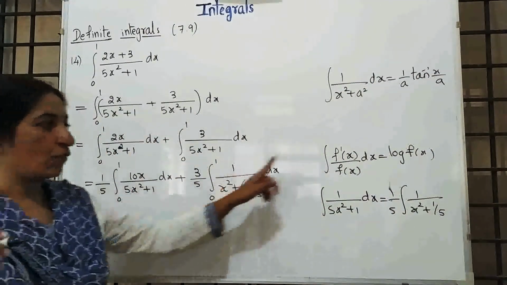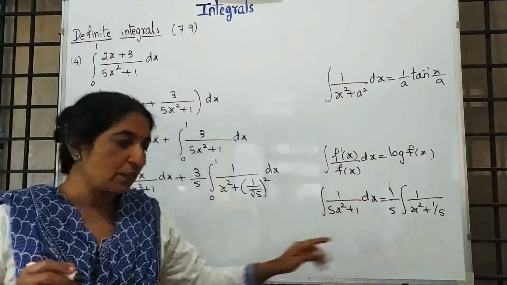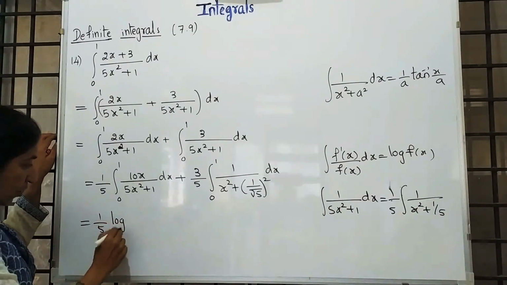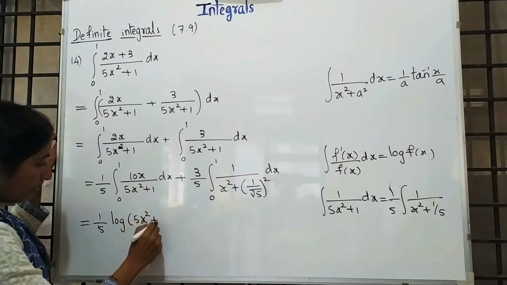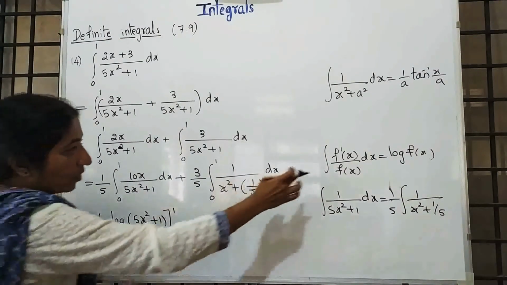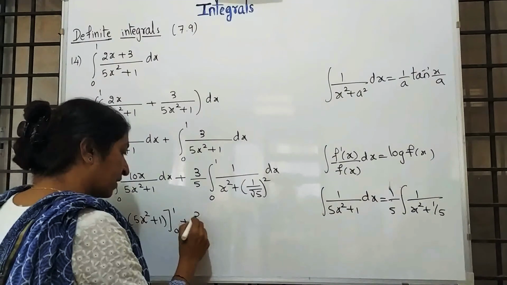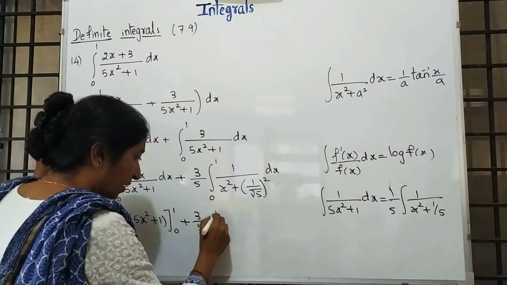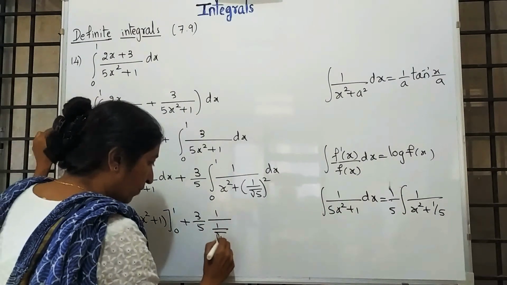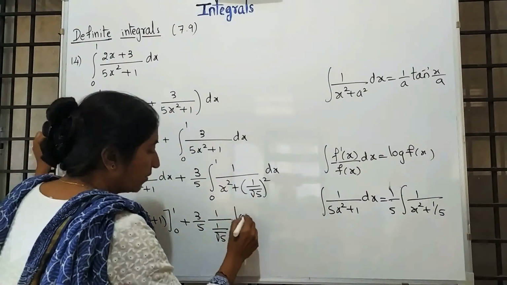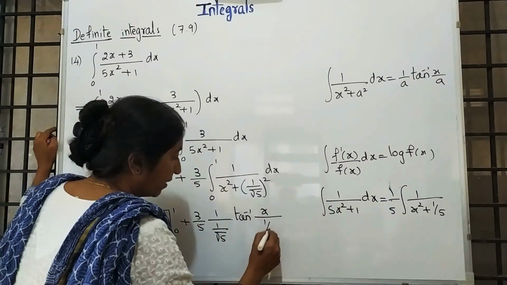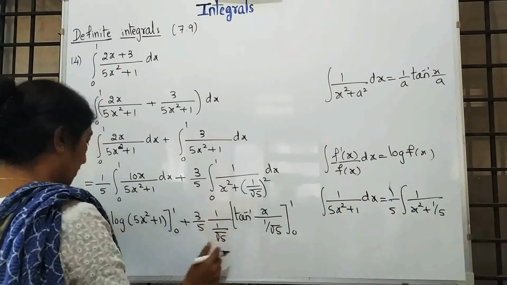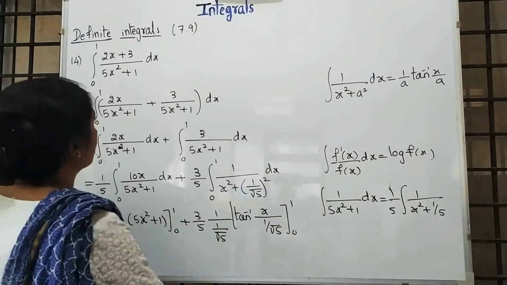First one is in the form of f dash of x upon f of x, so your answer is 1 by 5 log of 5x square plus 1 from 0 to 1 because of this formula. And here 3 by 5 constant, it is in the form of 1 upon x square plus a square. 1 by a is 1 upon 1 by root 5, tan inverse of x upon 1 by root 5 from 0 to 1. Now I am simplifying.